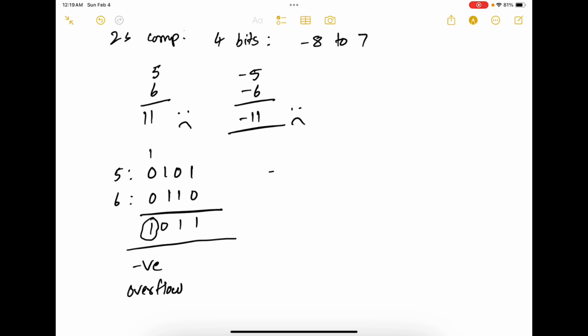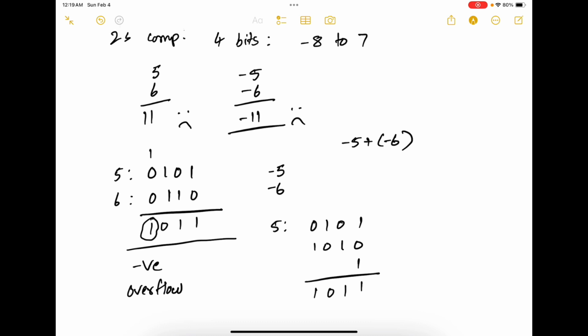Let's do -5 and -6. So -5 plus -6. So 5 is again 0101, and -5 would be flip all the bits, add 1. And 6 would be 0110, and -6 would be flip and add 1.